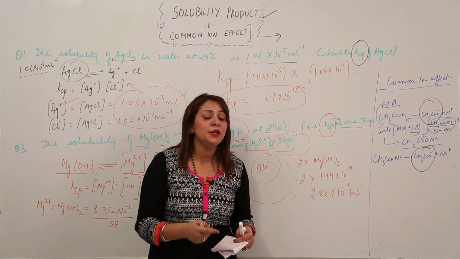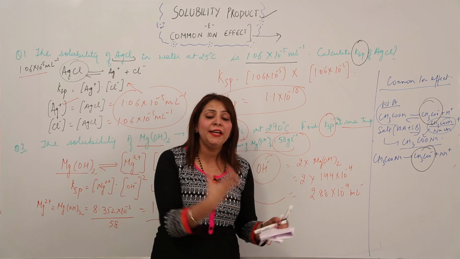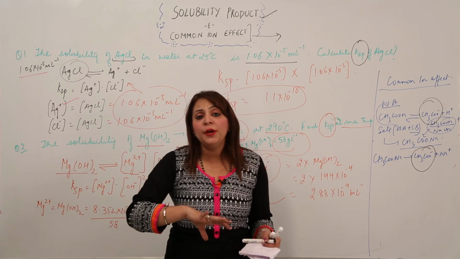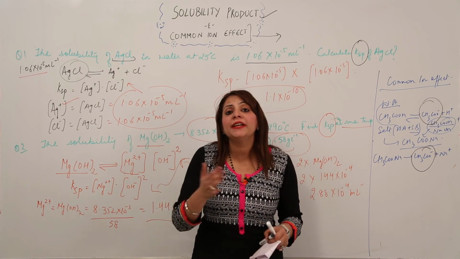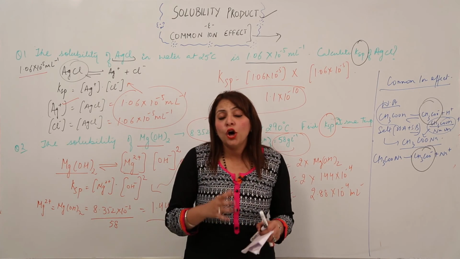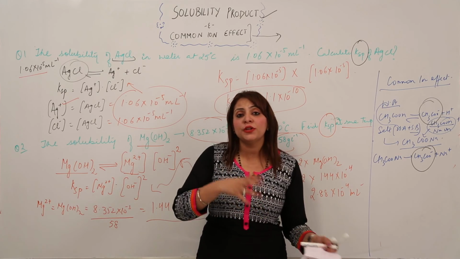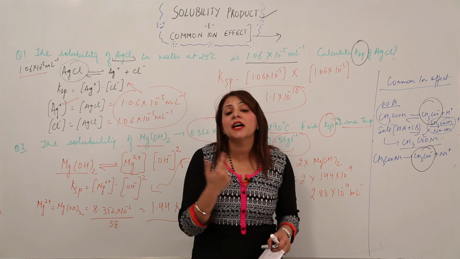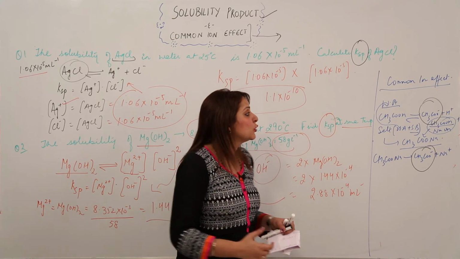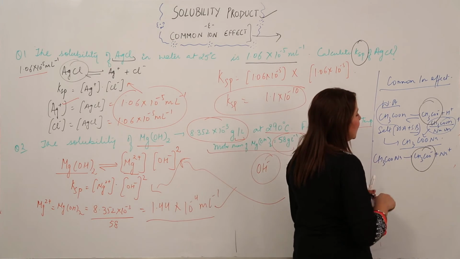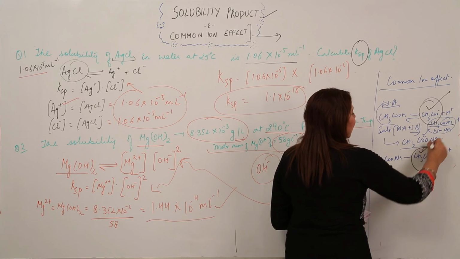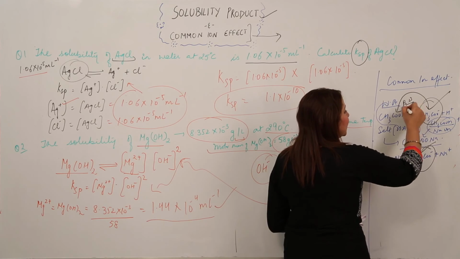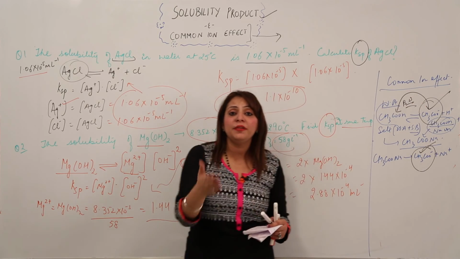According to Le Chatelier's principle, if the concentration of any product or reactant is increased, the equilibrium shifts in the direction in which it gets consumed, or you can say in the direction in which the stress is reduced. Here the stress is the increase in the concentration of acetate ions. So the equilibrium will shift in the backward direction. That means it will suppress the dissociation of the weak acid.